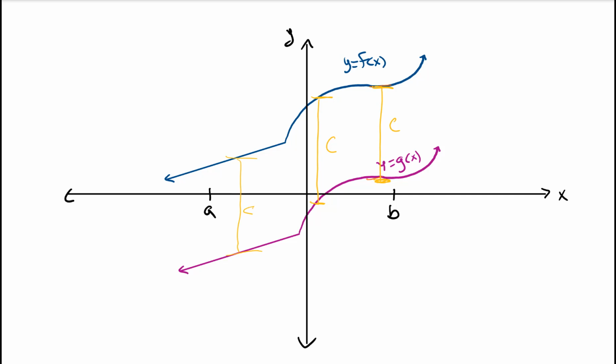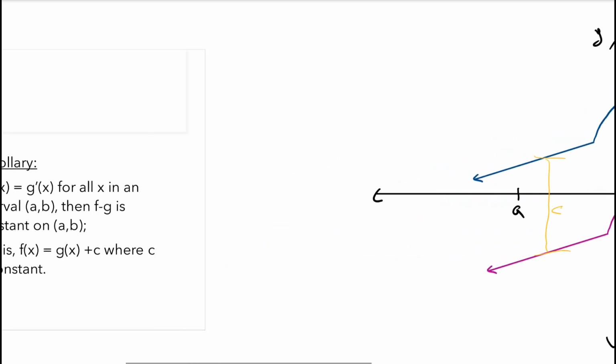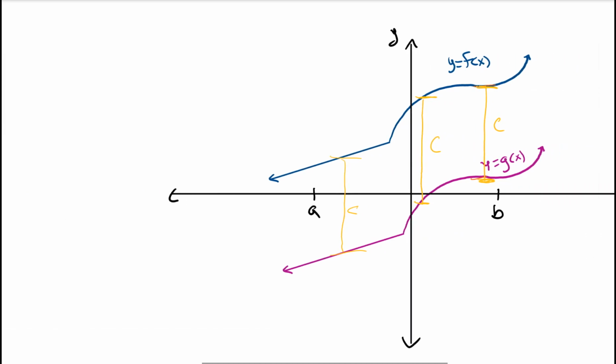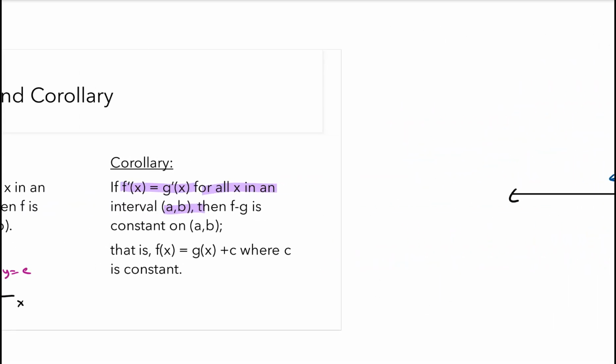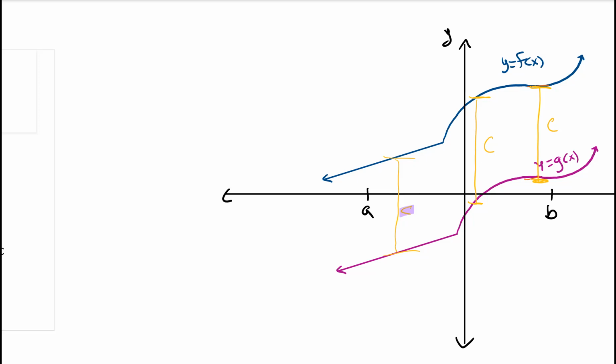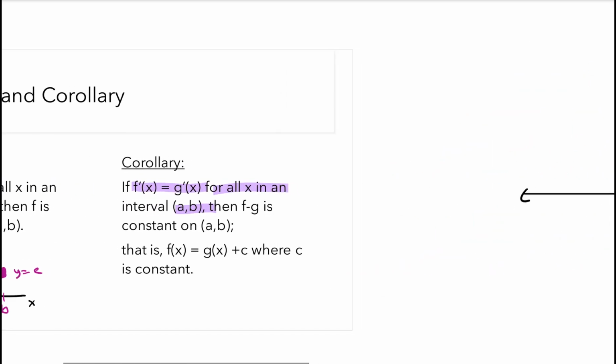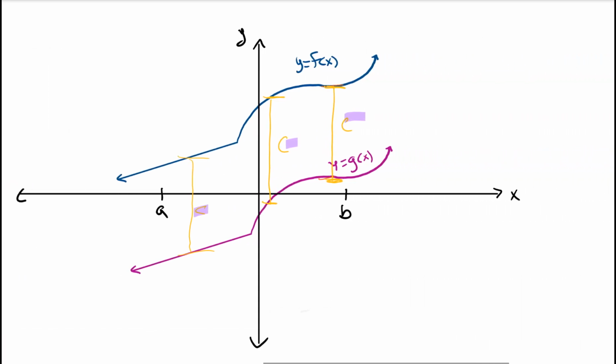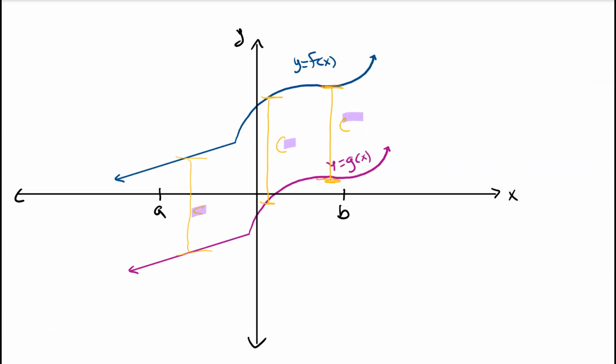Well, what was that big thing back here talking about? That if our derivatives are equal to each other for all x in that open interval, looks like that's the way it is, then f minus g is constant. There's those little c's that keep popping in. That is, the function f of x is equal to g of x plus some constant.